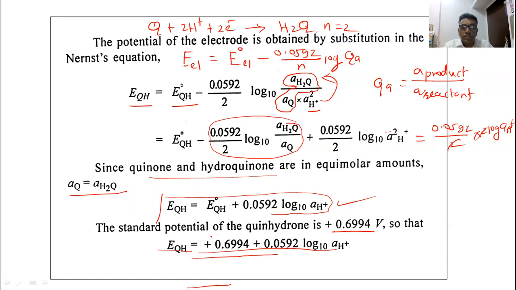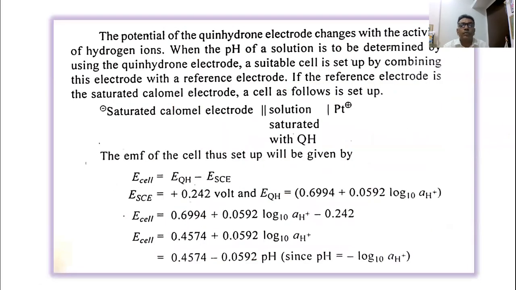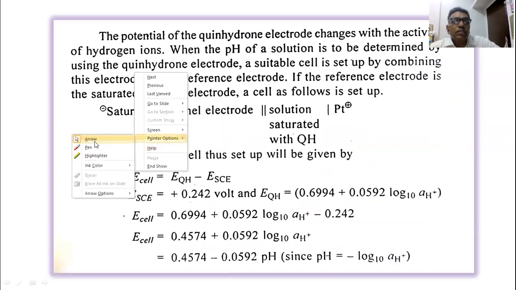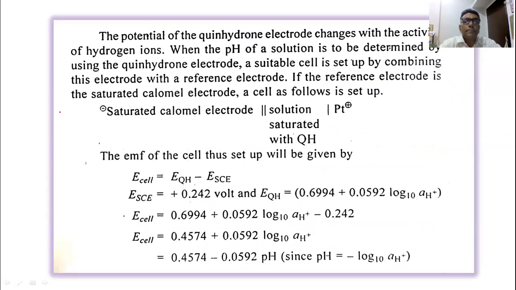First of all, we have to construct a cell where one of the electrodes is a quinhydron electrode. The potential of the quinhydron electrode changes with the activity of the hydrogen ions, because in the derivation we know that the potential of the quinhydron electrode changes with the activity of the hydrogen ions.